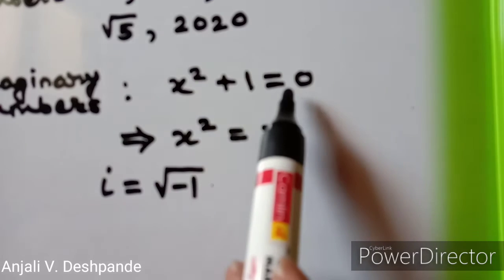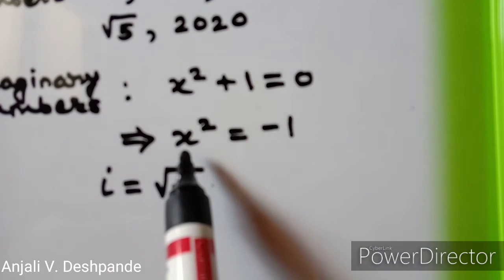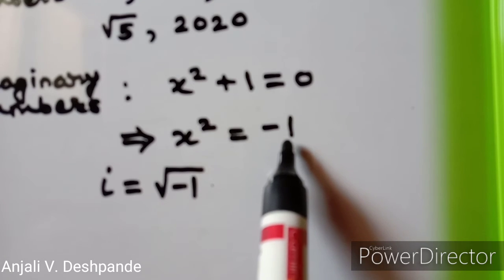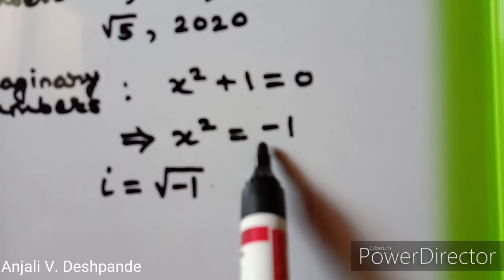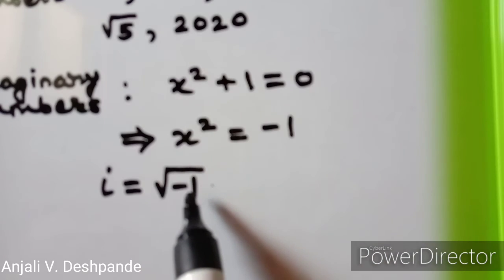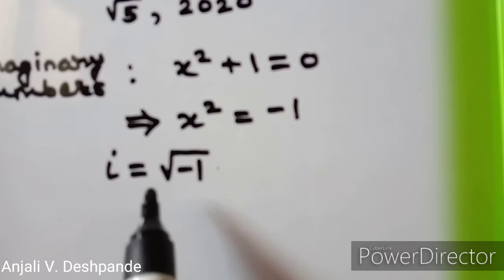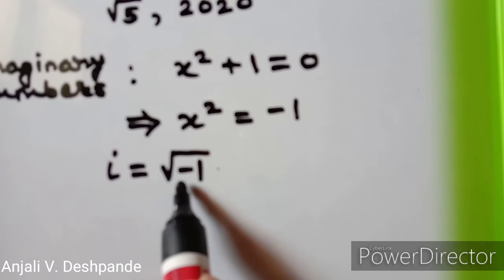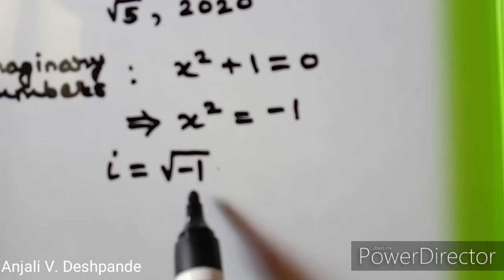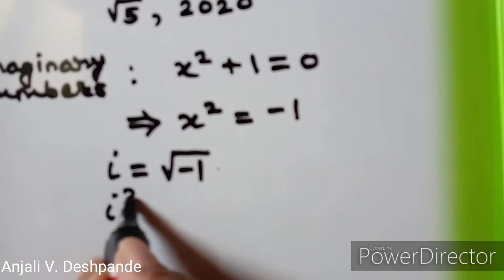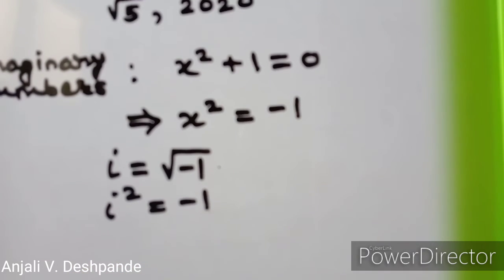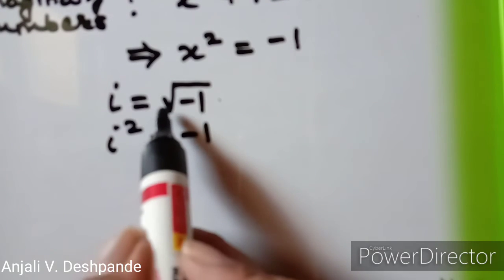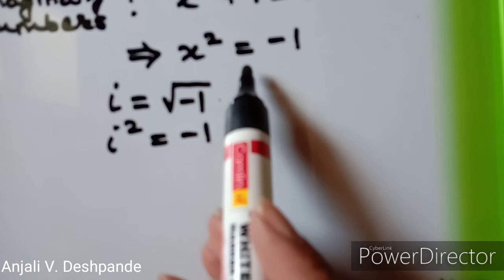When we come across some equation where the square of the number is negative, so basically the roots are the square root of a negative number, at that time it becomes necessary for us to define this symbol, which is called i is equal to root of minus 1, right? So in this case, i square is equal to minus 1. So that means that i is a solution of this particular equation.